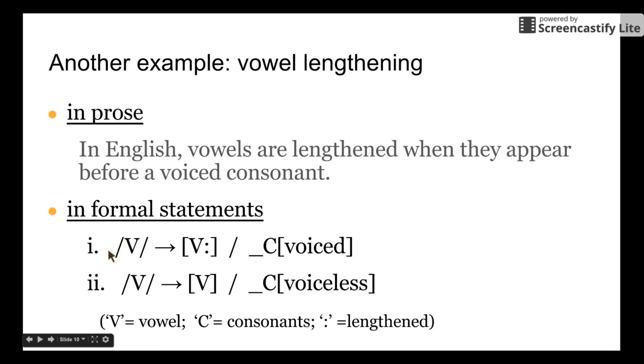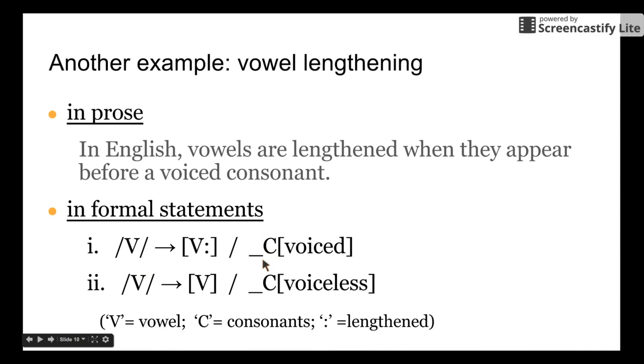Okay. So again, slash phoneme and square brackets phones. So a vowel becomes lengthened in this environment. C indicates consonants, and V indicates vowels.